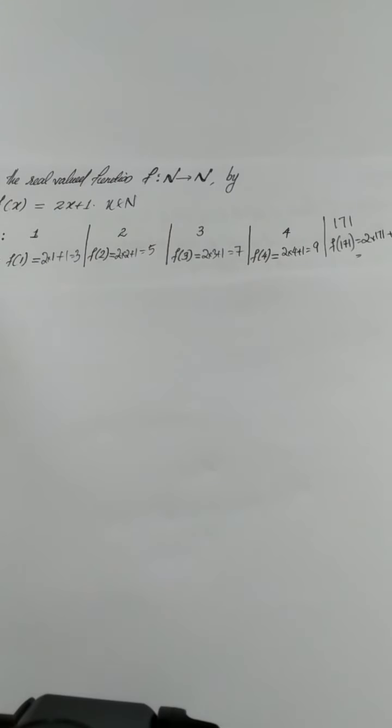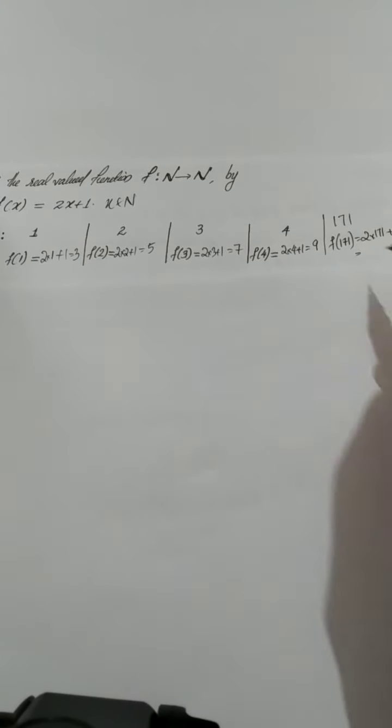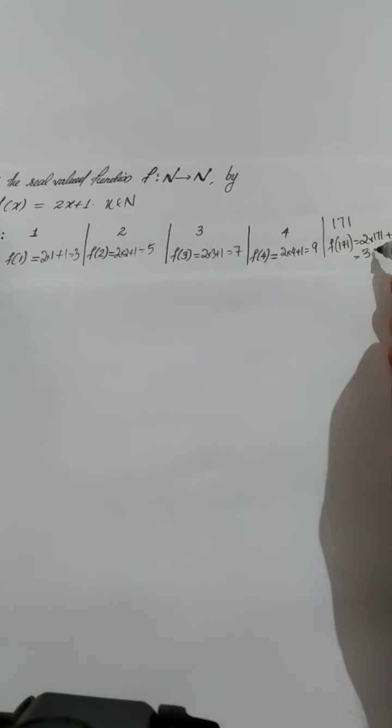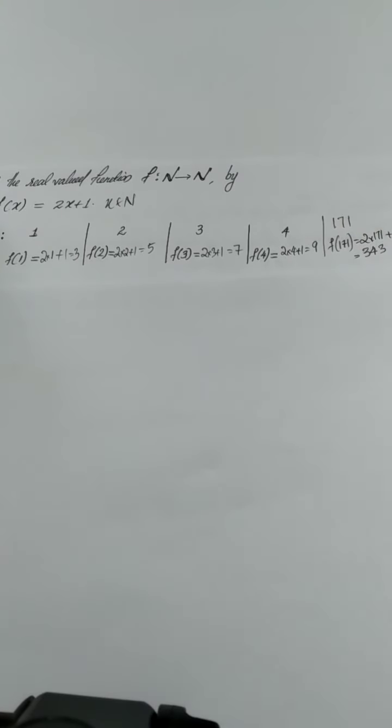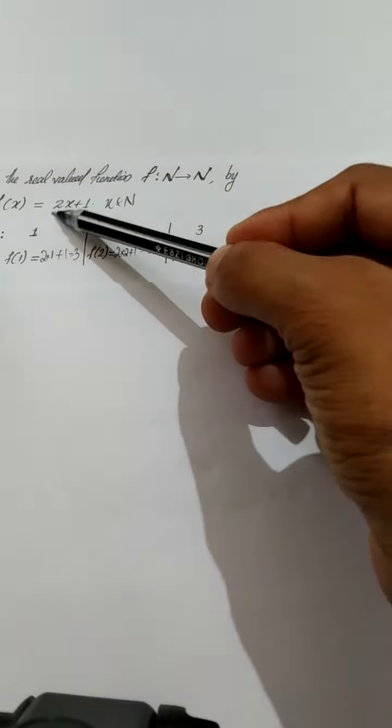What is the value for that? So we'll get 343. Am I right? 2 into 171 is equal to 342 plus 1, 343. So for every natural number x, we can find the image 2x plus 1.